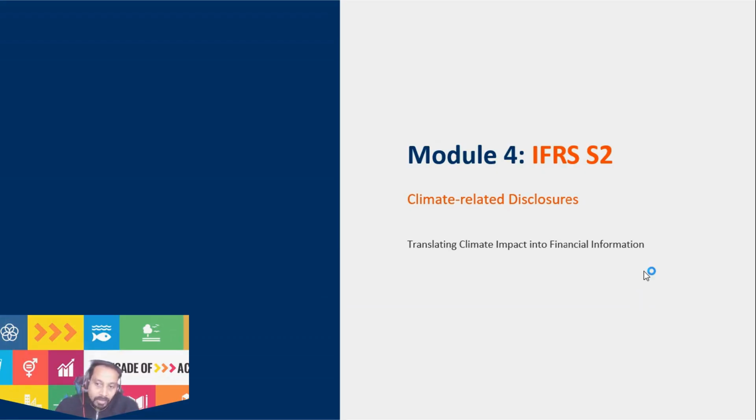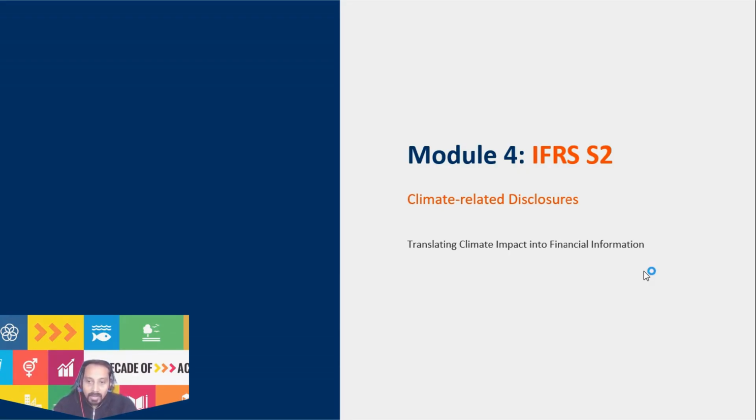We have covered the general requirements in S1, and now it's time to set the specific focus of this module on IFRS S2, the standard for climate-related disclosures. This is where the rubber meets the road.